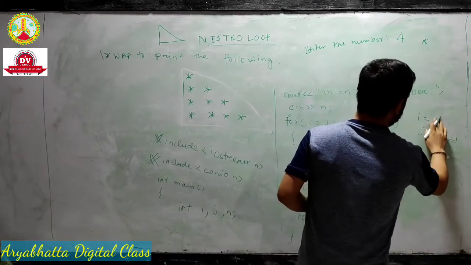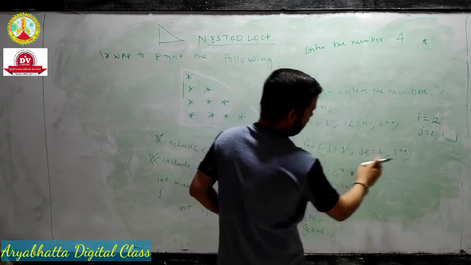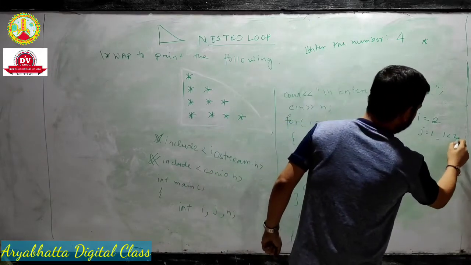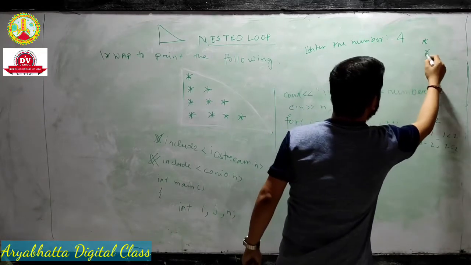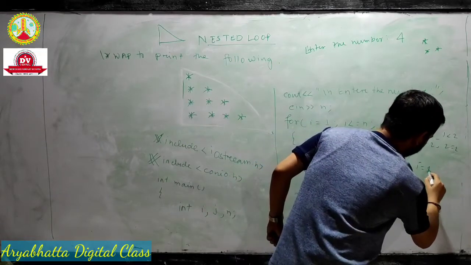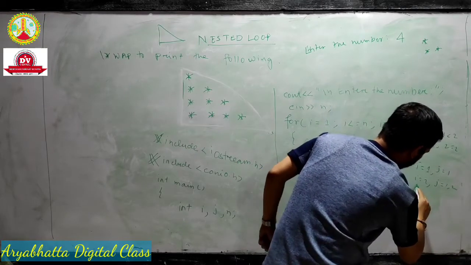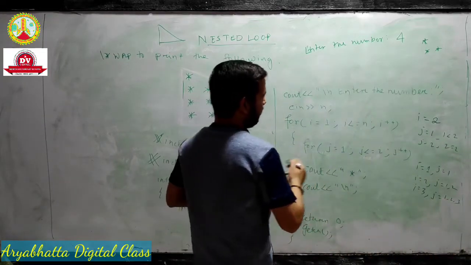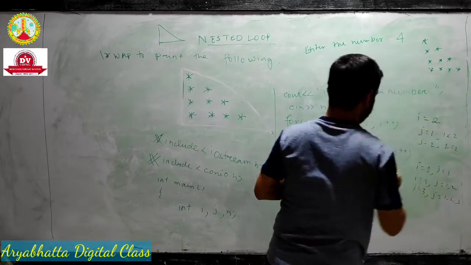Next, i equals 2. We enter this, and j is initialized again from 1. j is 1, 1 less than 2, increment, j equals 2. The concept is: when i equals 1, j value will be 1. When i equals 2, j value will be 1, 2. When i equals 3, j value will be 1, 2, 3. Like that, in the next line this will come, and in the next line this will come.